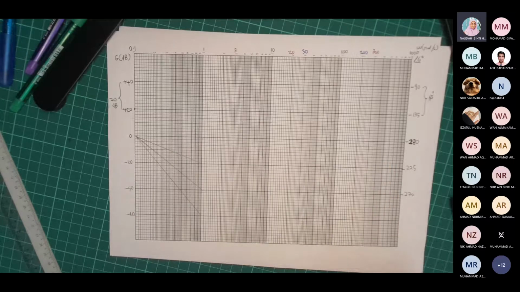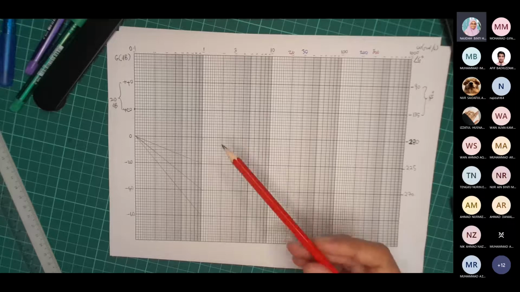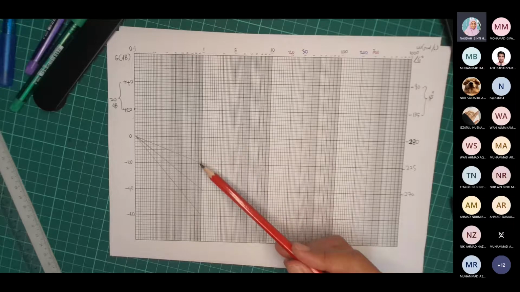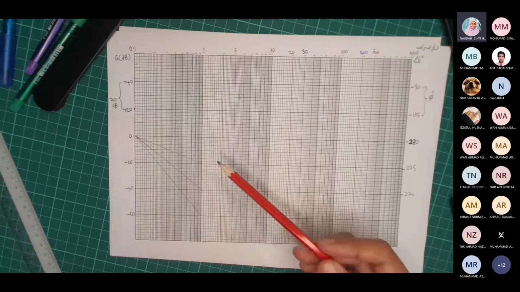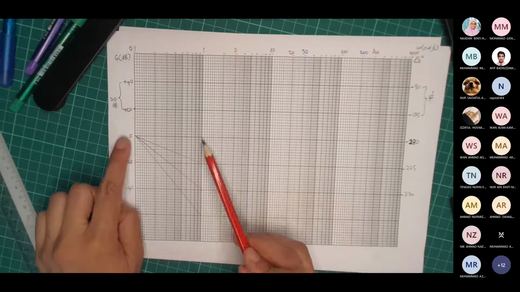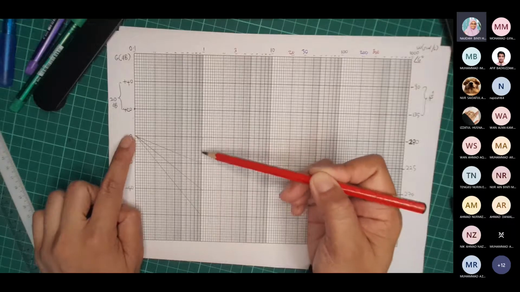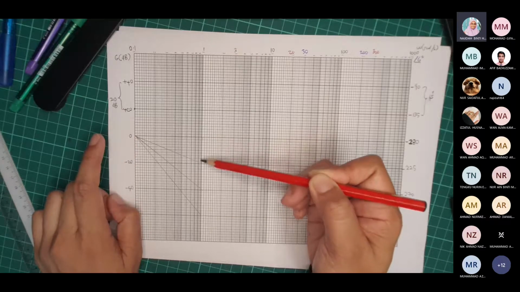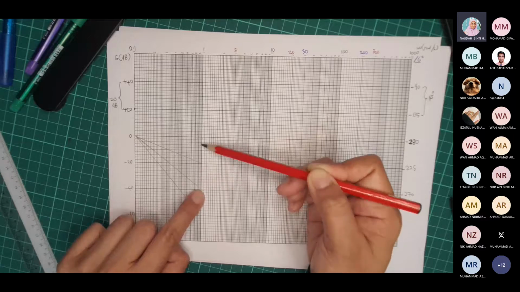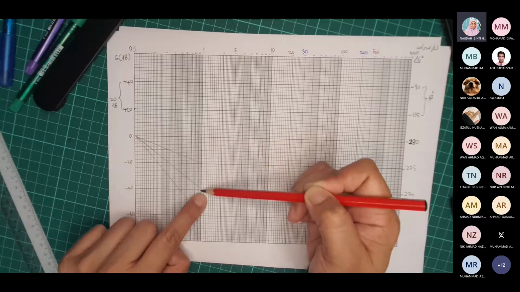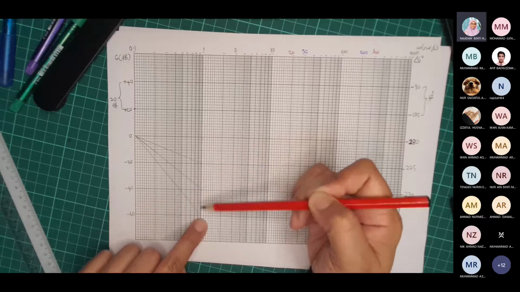Okay, there are a few mistakes made by previous semester students. They sketched the reference slope wrongly. It should be for one decade, and the Y magnitude should be correct. This is for 20, 0 to 20. This one 40, 0 to 40. This one 60, 0 to 60.